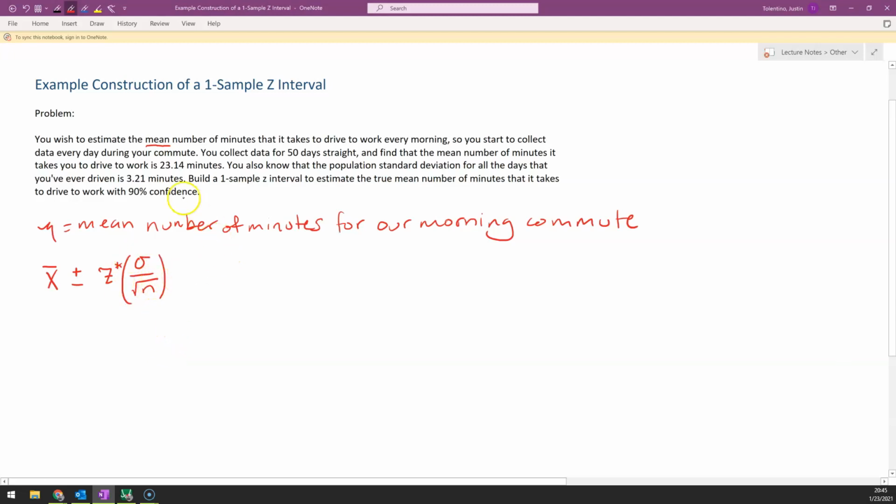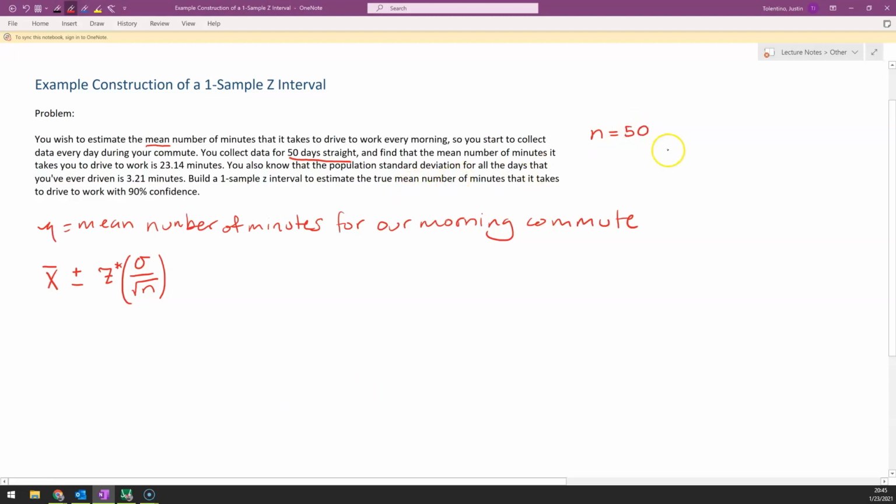So let's see if we can find all the pieces of information that we need in order to build this interval. We need to go through each of these numbers and plug them in as needed. So the first thing that we notice is that we're collecting data for 50 straight days. So that would be our n. That's how many pieces of data we have.